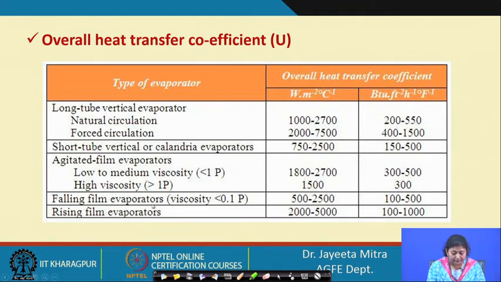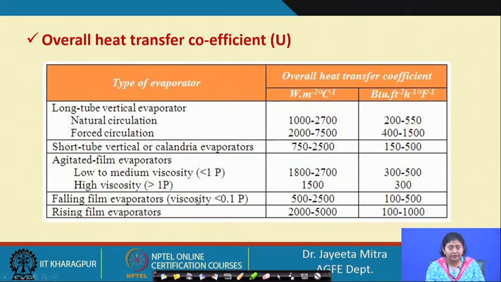For falling film evaporators, where viscosity is less than 0.1 poise, it is 500 to 2500 watt per meter square degree Celsius. And for rising film evaporators, the overall heat transfer coefficient values vary from 2000 to 5000 watt per meter square degree Celsius.